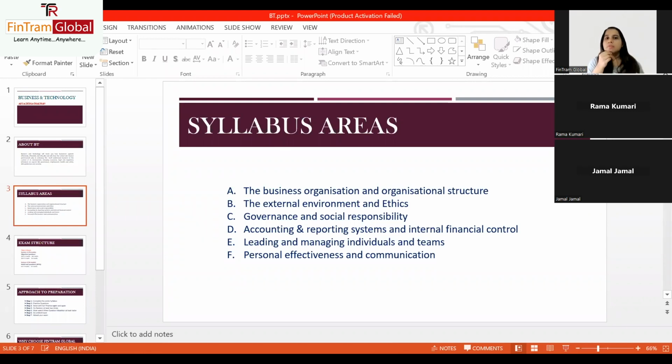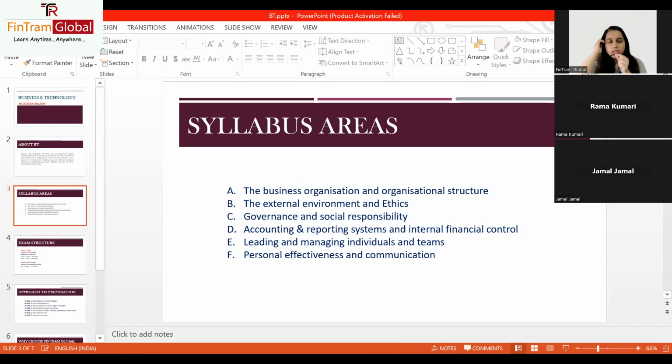Marketing is something we have studied previously in our 11th and 12th also, right? We have studied the 4 P's of marketing and all of that. Yes, ma'am. Then we'll be studying organization culture, IT, information technology and information systems, since of course this is a business and technology paper, so there will be a little bit of technology aspects also here.